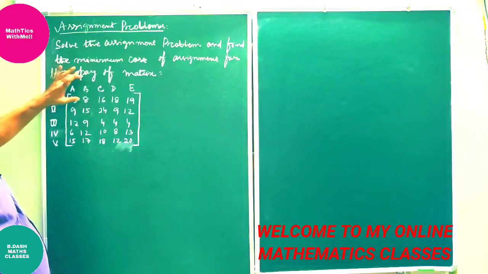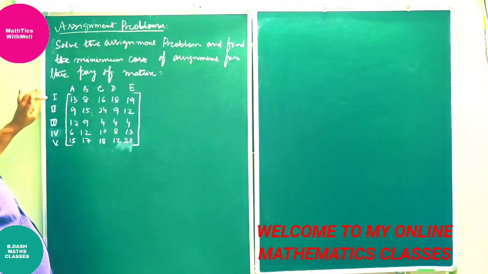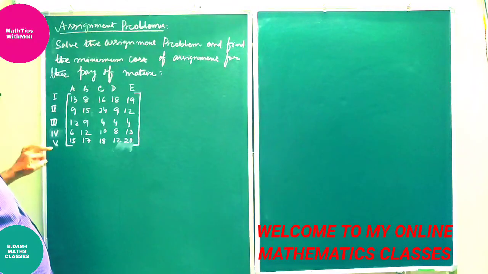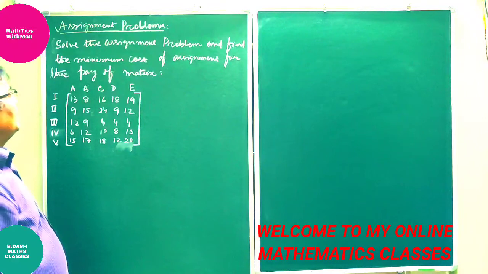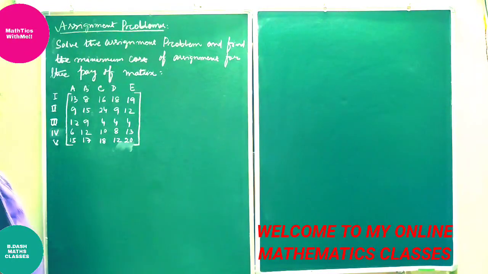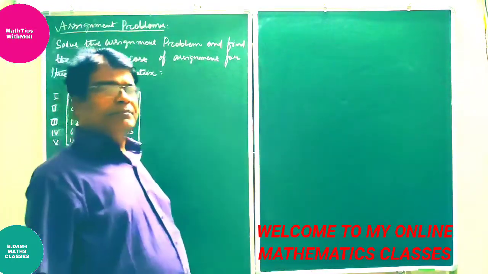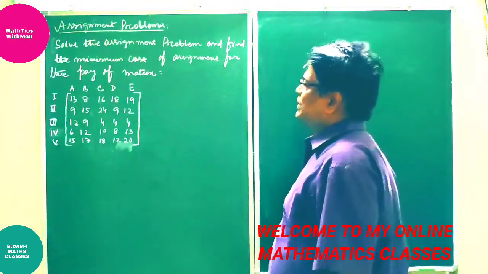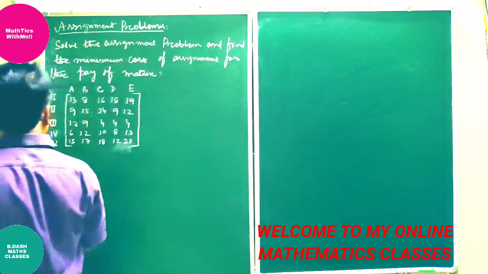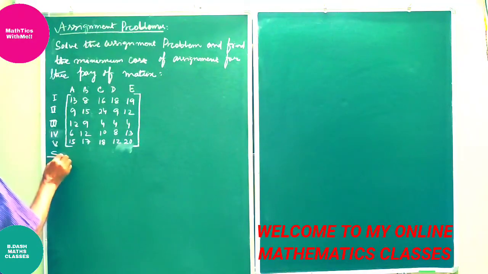Here, A, B, C, D is given. First, second, third, fourth, fifth is also given, and this is the assignment matrix. So let us solve this problem step by step, so the idea behind this will be more clear to you. Solution.